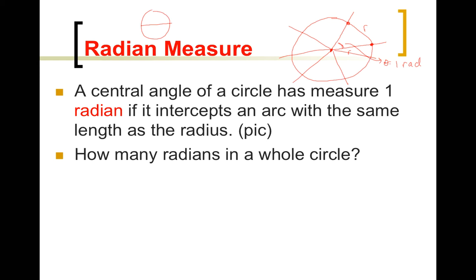So we're going to say how many radians are in a whole circle. We said it's 6 and a little bit more. Well, as I mentioned, taking the radius and going around the circle a few times means I'm going around the circle. Around the circle is the circumference, and the circumference of a circle is 2 pi times my radius.